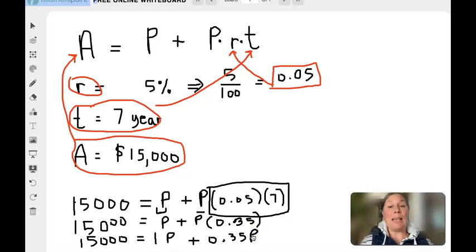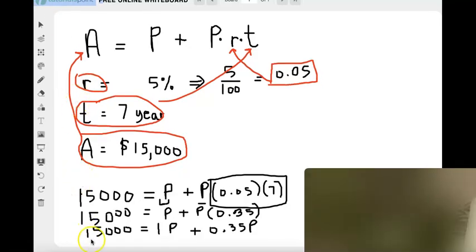Since they're the same last name of P, I can add them together. So I'm going to squeeze this in at the bottom. 15,000 is equal to, and if I have one potato plus 0.35 potatoes, I have 1.35 potatoes. All right, I'm going to stop there.